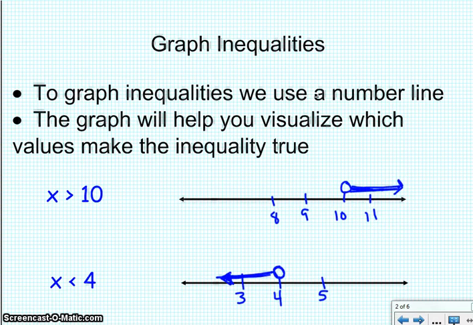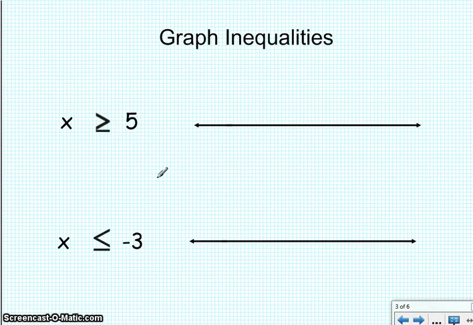All right, let's check out those other two newer ones. This says that x is greater than or equal to 5. So again, I'm going to go to my number line and put in just a few numbers. So I'm going to have 4, 5, 6 here. In this case, the values for x that make this true can be greater than 5 or equal to 5. So what's different about these greater than or equal to ones is we put a solid dot there, a solid circle.